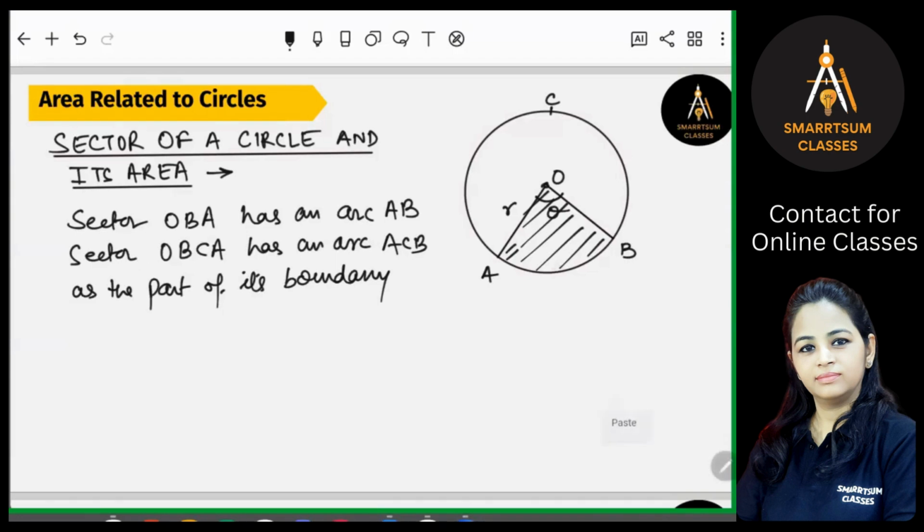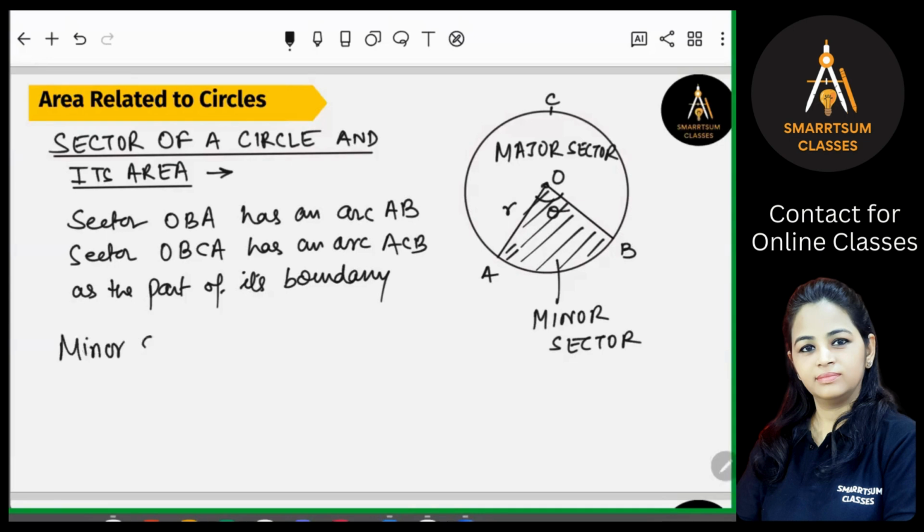So which is the minor sector? This one, ACOBA, is the minor sector, whereas the bigger one is the major sector of the circle. Is that clear? So what is the minor sector?